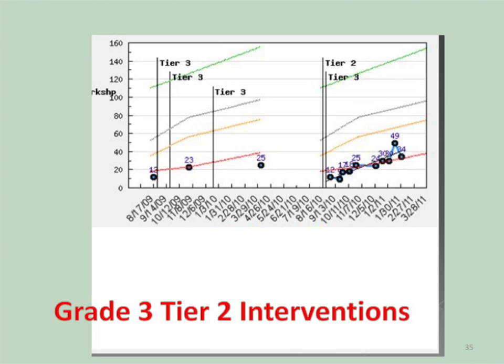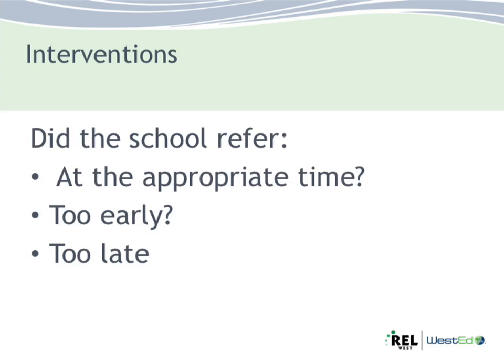Let's look at the next slide, grade 3. They provided more Tier 2 interventions. Luckily, it wasn't for all year, and at this point, then he gets a referral for academic support. So my questions here are, did the school refer at an appropriate time, too early, or too late?